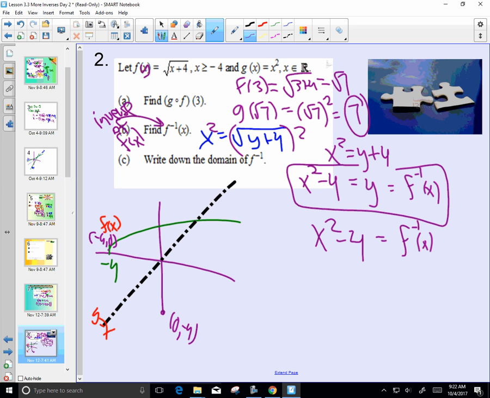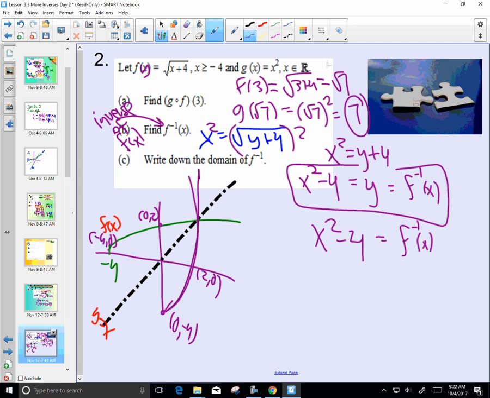And then where they cross is going to be about like that. Let's say this one, I don't know what that is, is 0, 2. So what will this one be? If this is 0, 2, the inverse will be 2, 0. See how I reverse those?